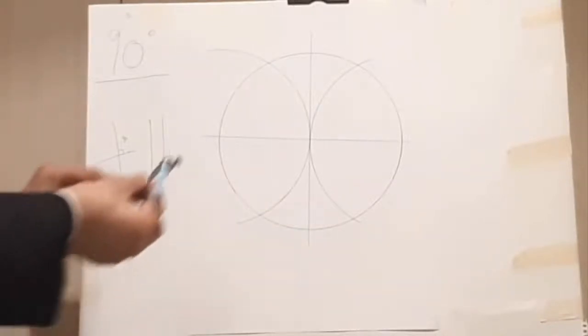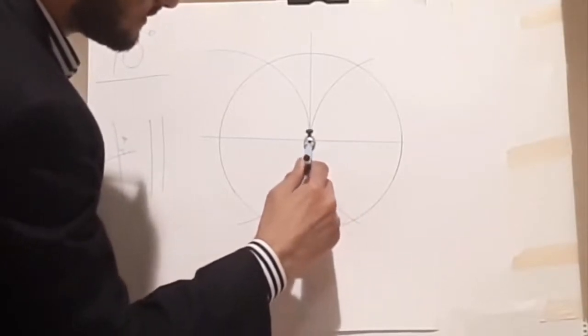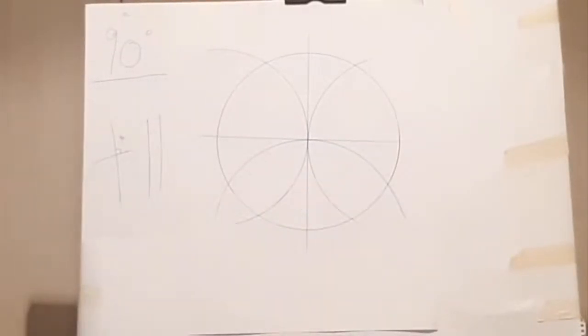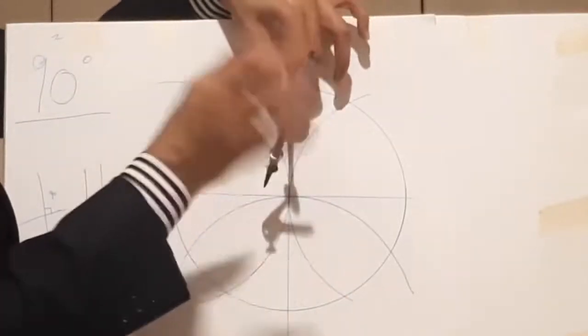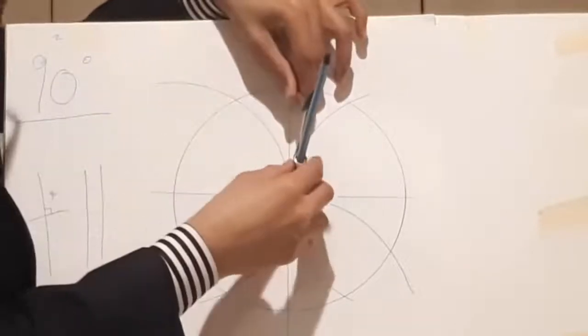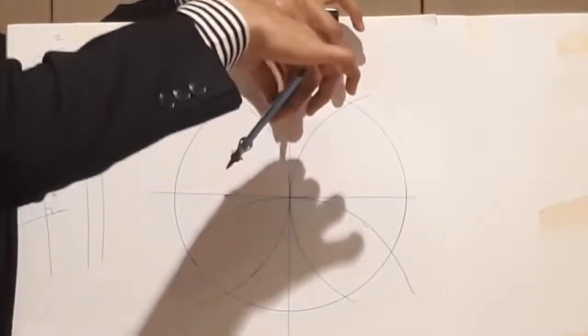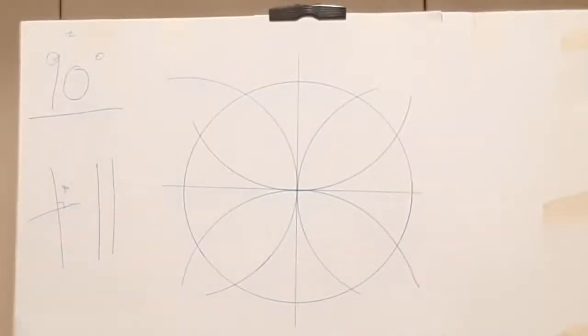So moving on, I will keep my needle at this point and draw another curve like this. And then you keep your needle at this point, the nib at this origin, and you draw another curve like this. So you have one circle. Upon that you have two lines and then four more circles.